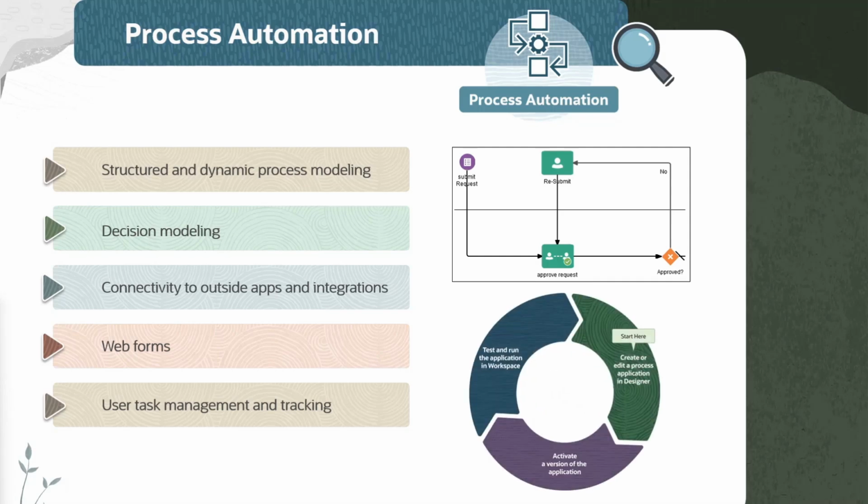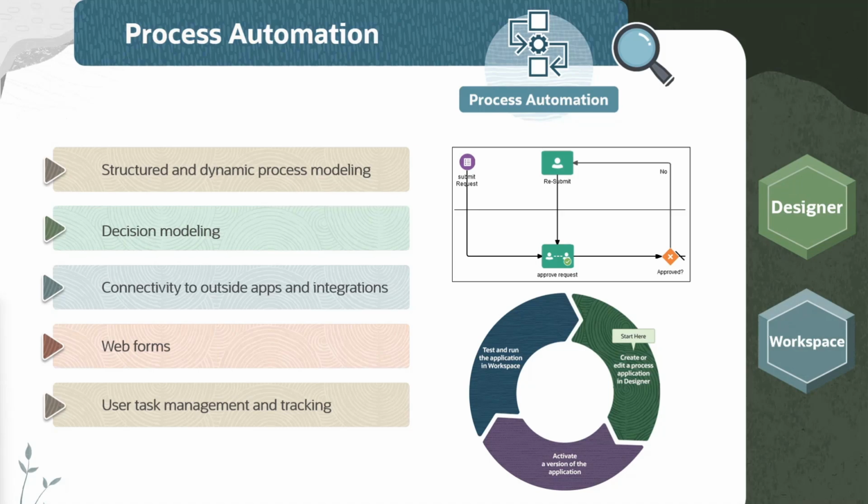Process automation development and runtime management environments enable you to perform iterative process automation development using Designer to create applications and their components, and Workspace to test, run, monitor, and administer applications.